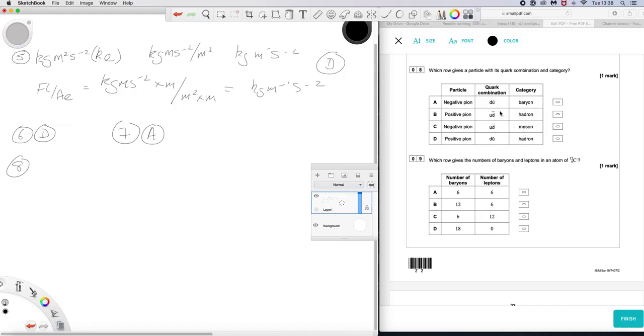And it's not going to be up, anti-down, because that gives you a positive charge. So that can't be right.